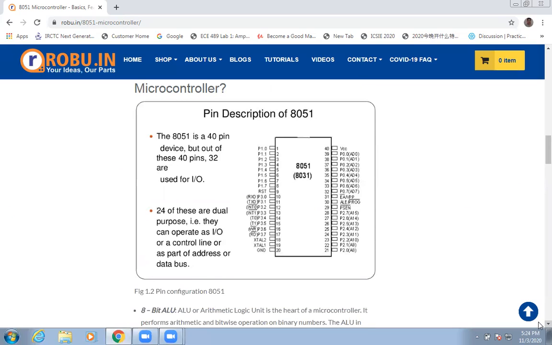The 8051 is a 40-pin device, but out of these pins, 32 are used for input output. 24 of these pins are dual purpose, that is, they can operate as input output or control lines or as a part of the address or data bus.